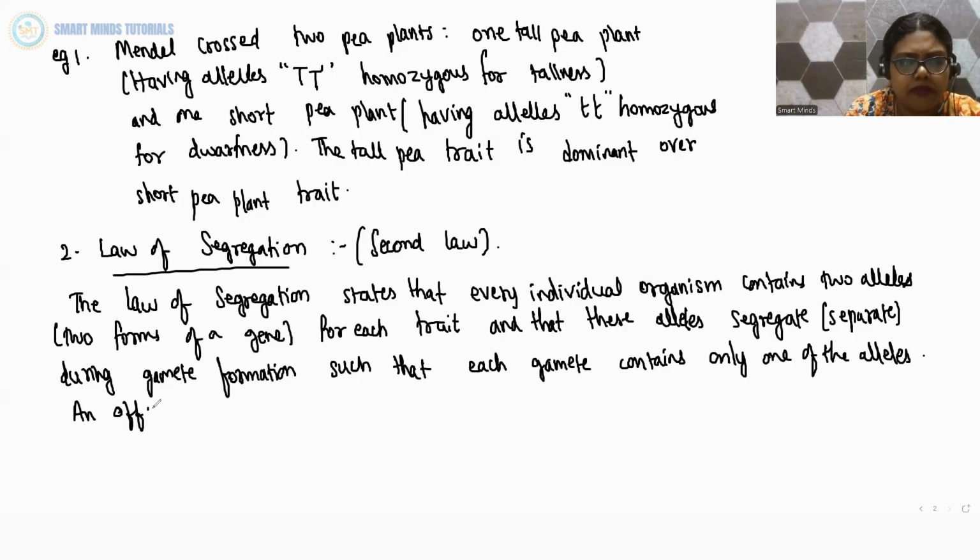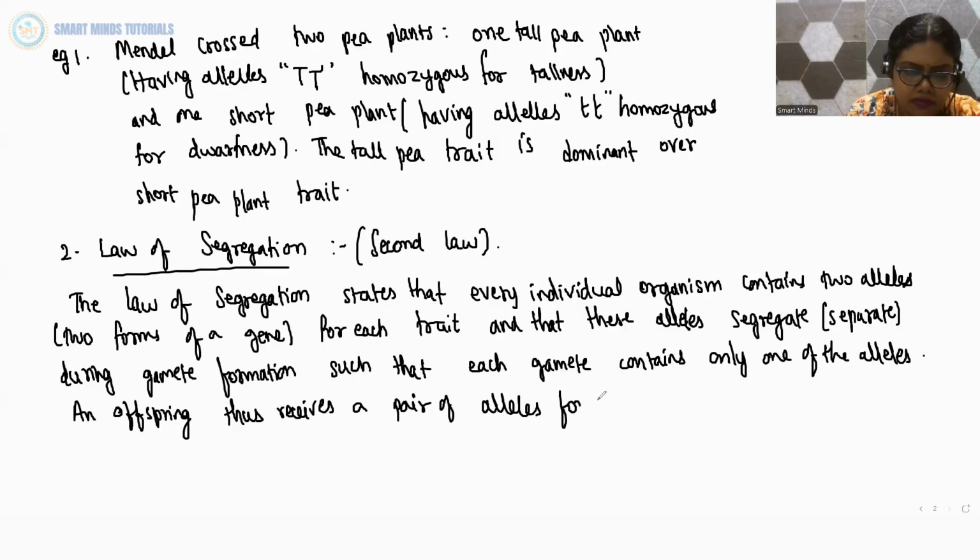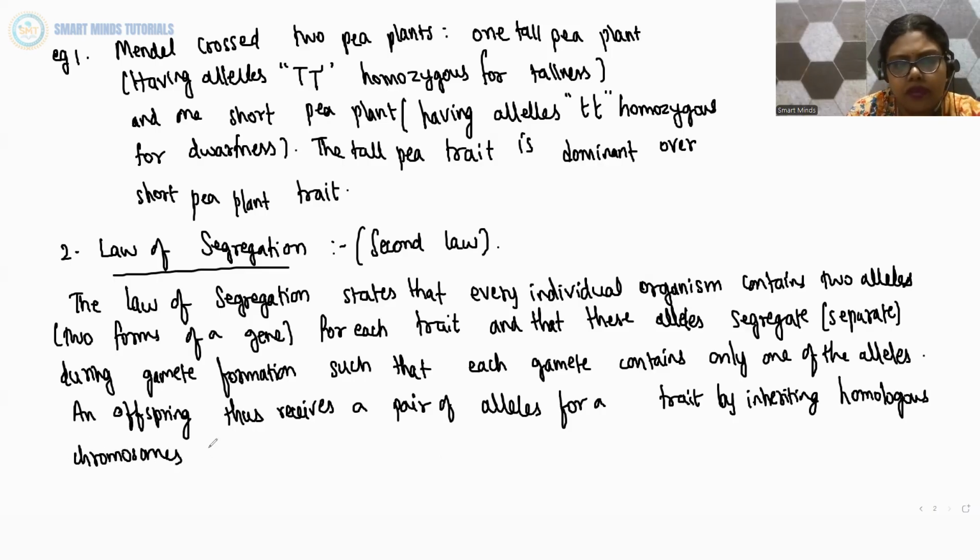An offspring thus receives a pair of alleles for a trait by inheriting homologous chromosomes from the parent organisms.